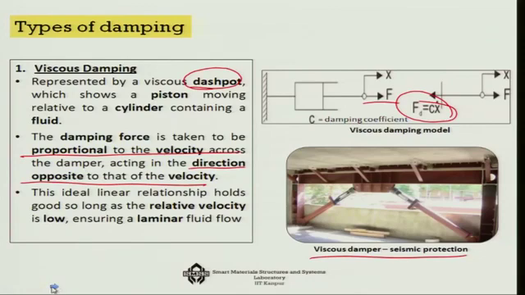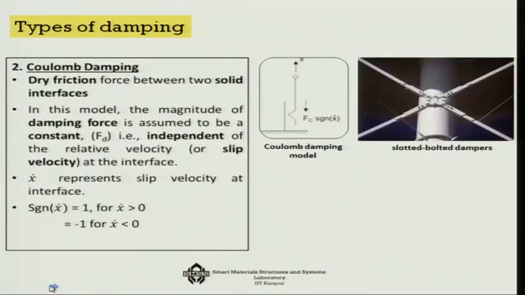There is another type of damping model, known as the Coulomb damping model, which is basically dry friction force between two solid interfaces. Now, in this model, the magnitude of the damping force, unlike the last case where it is proportional to velocity, which means higher the velocity more is the resistance, is assumed to be constant, independent of the relative velocity.